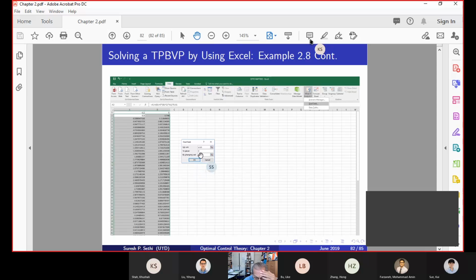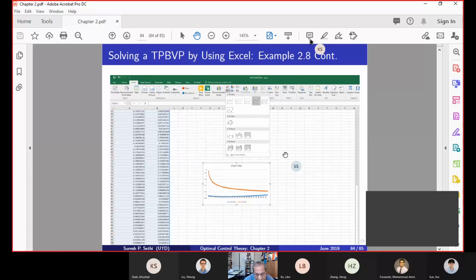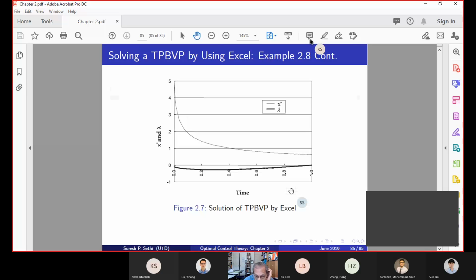So you set that to 0, and then you put OK, and immediately Excel will go through all the guesses of lambda 0 and will give you that guess that will give that cell exactly 0. So you get a new trajectory by doing that, and the new trajectory will have a 0 at the 101 cell, and you can chart it, so it'll give you the x and the lambda trajectories in the chart.